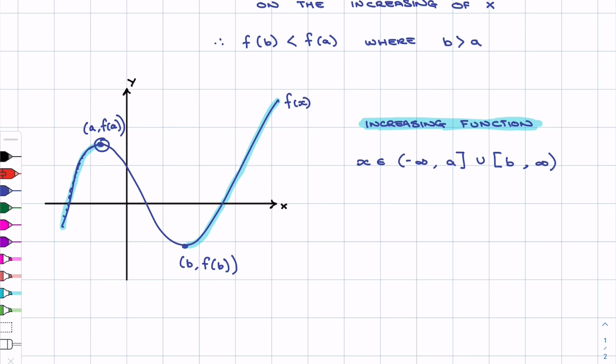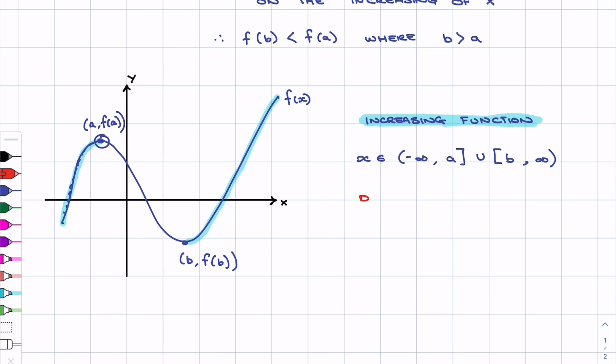Okay. When we talk about a decreasing function, where the function decreases, and we want to specify what the domain of that is going to be, that's going to exist in this region where all the y values are declining between a and b.